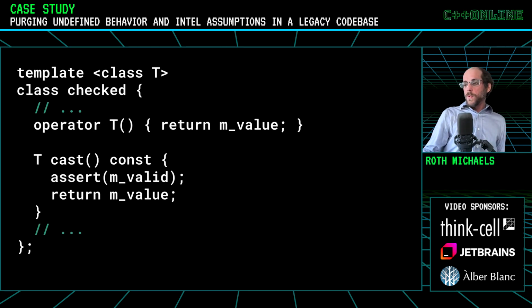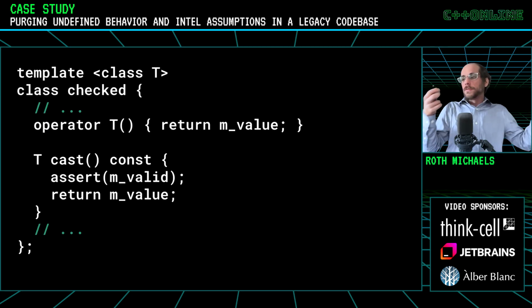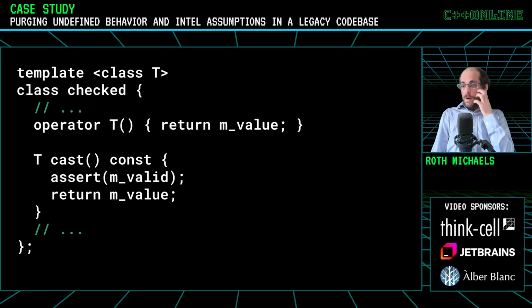So when we call this cast function, it's always going through the operator T. It's basically an optional that only works on default constructible things. And even if it's supposed to be invalid, you'll just get the default value if you call this operator T, which can lead to subtle bugs if that zero has meaning and you wanted, oh, no value. So we prefer people call cast instead of implicitly converting that.